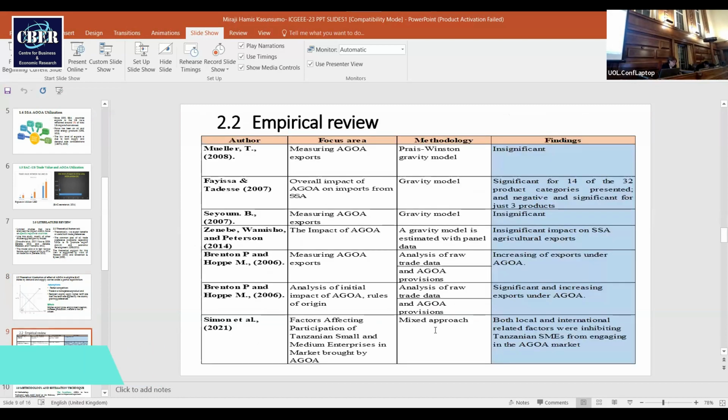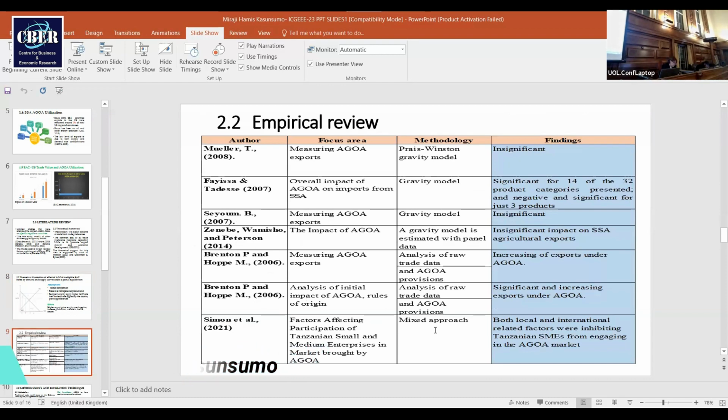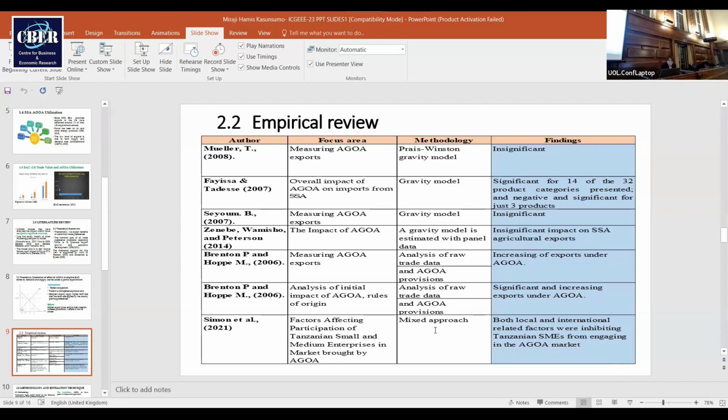Here are a number of studies I have reviewed from other authors, and they show mixed results on the impact of AGOA. Some found that AGOA is insignificant, others found AGOA partially significant, and others show that AGOA is significant.